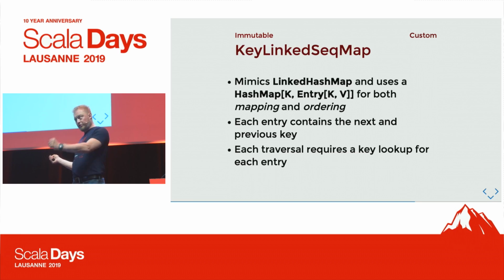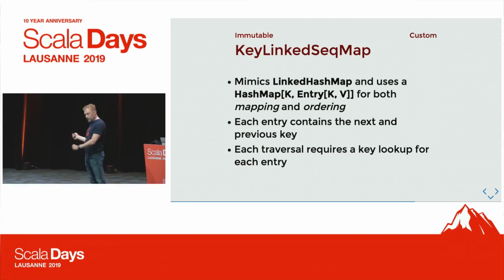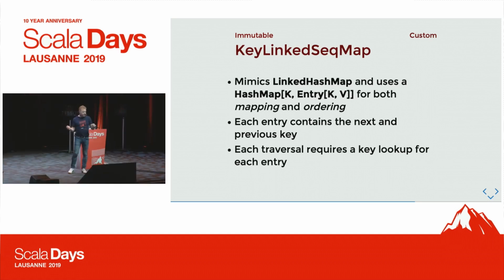So it's just a reference to get the next entry, and then you can continue the traversal. Whilst this one has the key of the next entry, so it needs to go to the top of the linked hash map and navigate once more down to find it. So if you traverse, you have to do lookups for each step, while in the mutable one, you can just dereference the next pointer. So that's a little bit more costly, of course.